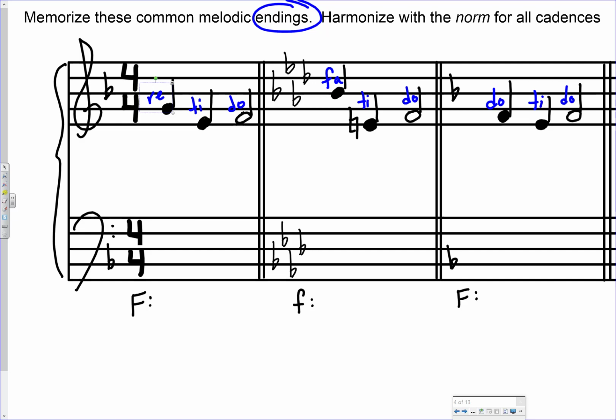Okay, listen carefully. If the melody of the final cadence ends with re, ti, do, as in the first measure, or possibly fa, ti, do in the second measure, or do, ti, do in the third measure, then harmonize with fa, sol, do in the bass.